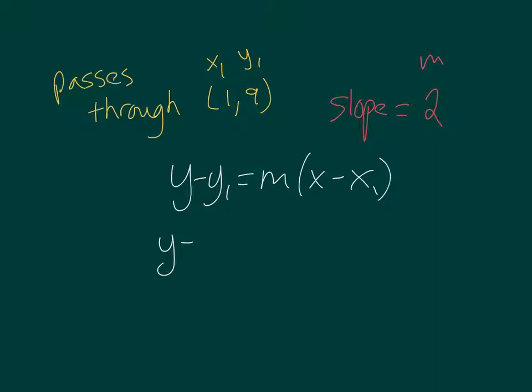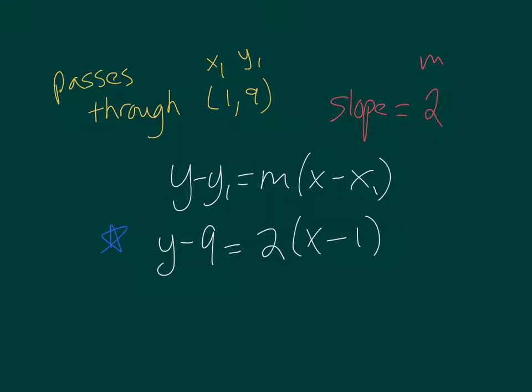Y1, which is 9 from up here, and that's equal to 2. That 2 comes from our slope, that's m, times x minus, my x1 is the x coordinate from my point, and that's just 1. Perfect, so that is one part of the problem complete.